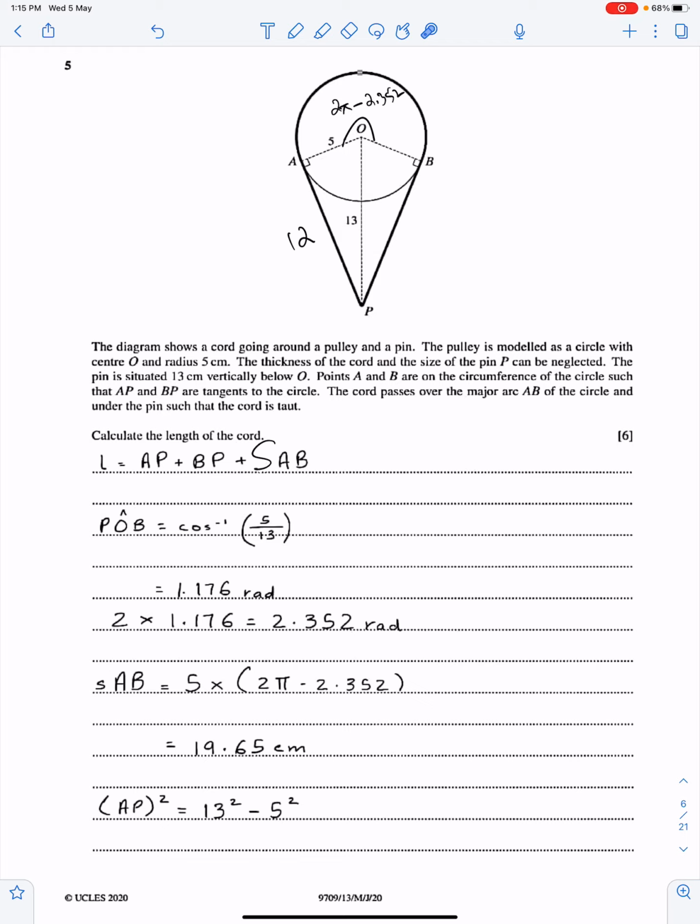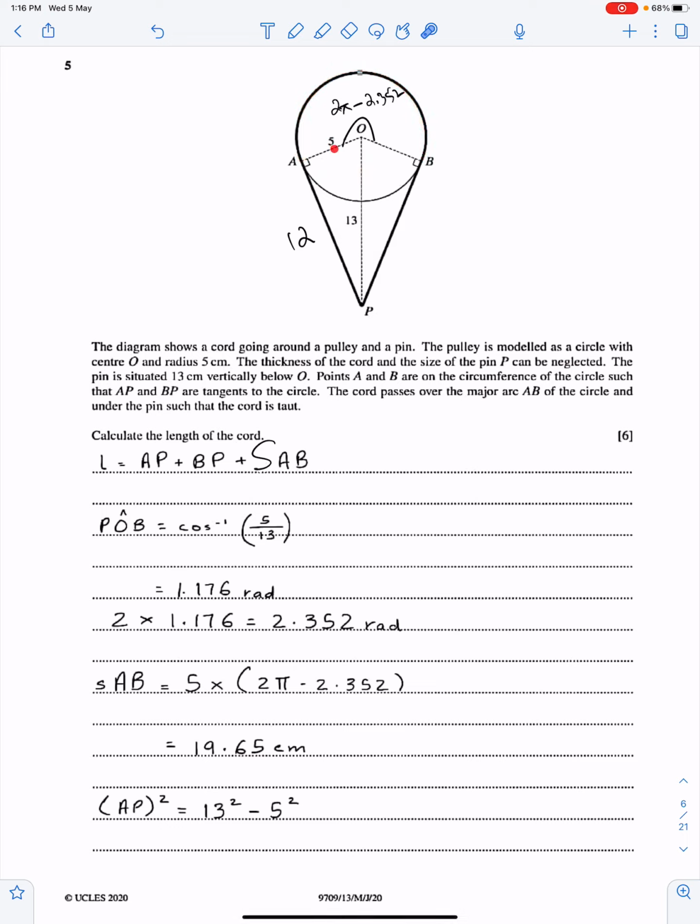Calculate the length of the cord. So we need this length, this perimeter. In fact, we need this arc and these two lengths, because this will make the total length of the cord. First, we need to work out this arc, and for that we first need to work out this angle.